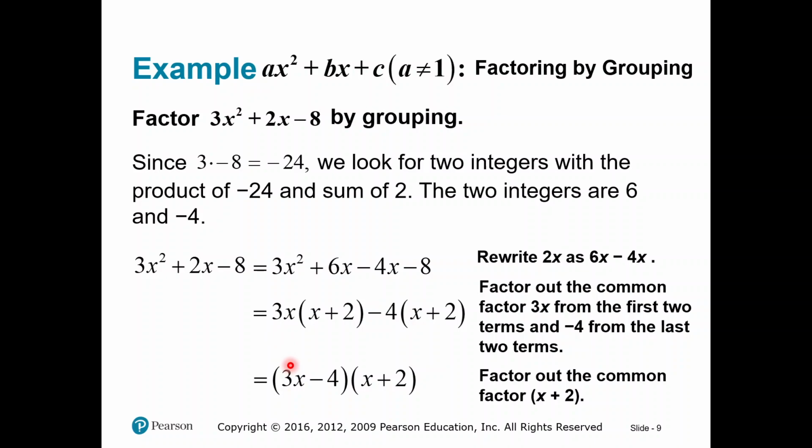If I take the x plus 2 away from this group, I also have the negative 4 left over. So therefore, the product of x plus 2 times 3x minus 4 is the original polynomial.